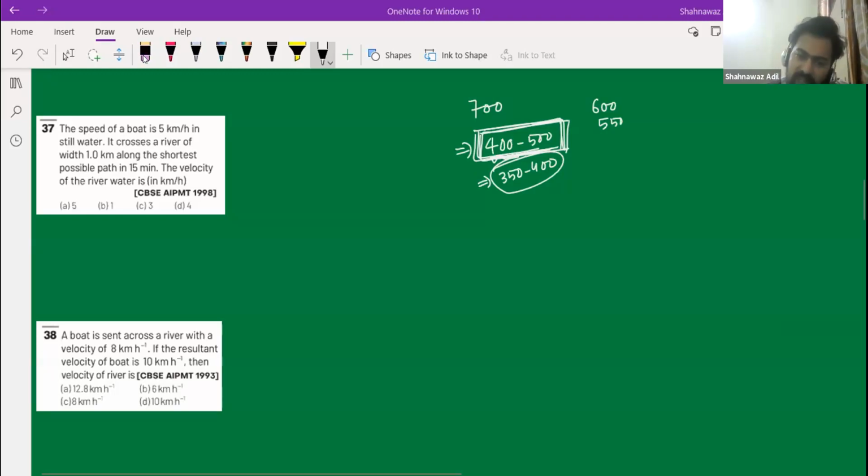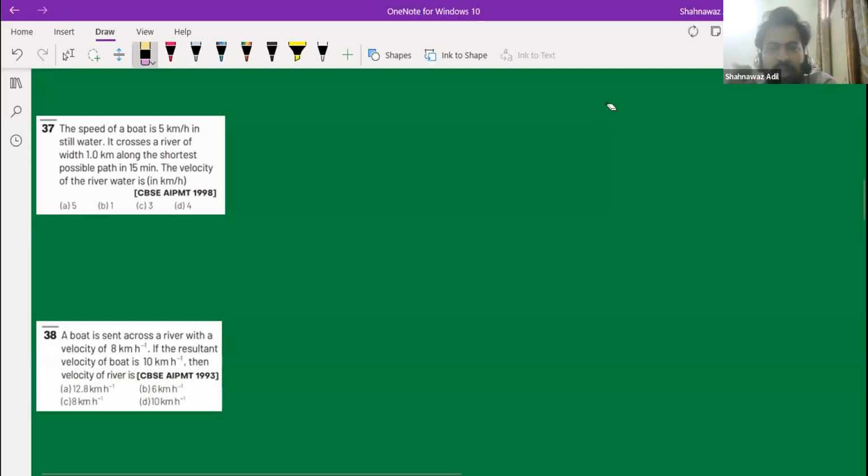What was the qualifying marks in the previous result for you? You don't have to think about the general quota. The general quota has a huge cutoff, but for you the cutoff is not that much.